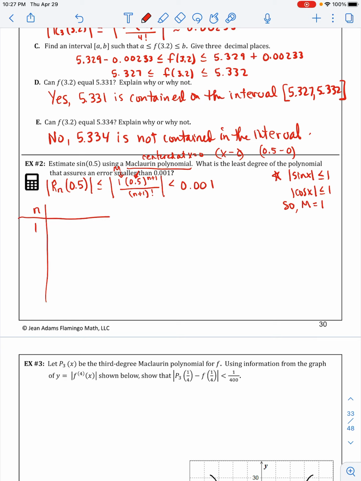And so doing that, you're going to say, well, I'm just going to try different n's. So if n is 1, this is what we're going to be calculating: 0.5 squared over 2 factorial. And if you put that in your calculator, you should get 0.125.